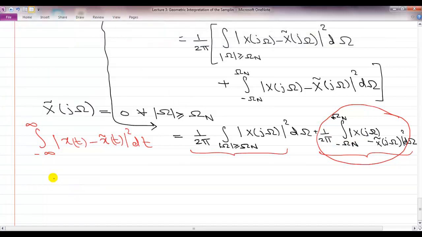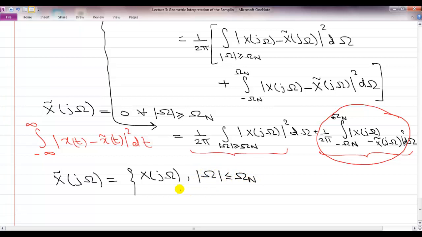by selecting x tilde j omega equal to x of j omega for omega less than or equal to omega n and 0 otherwise. If I select this x tilde j omega, then this x tilde j omega between minus omega n and omega n is exactly the same, and this integral is 0.